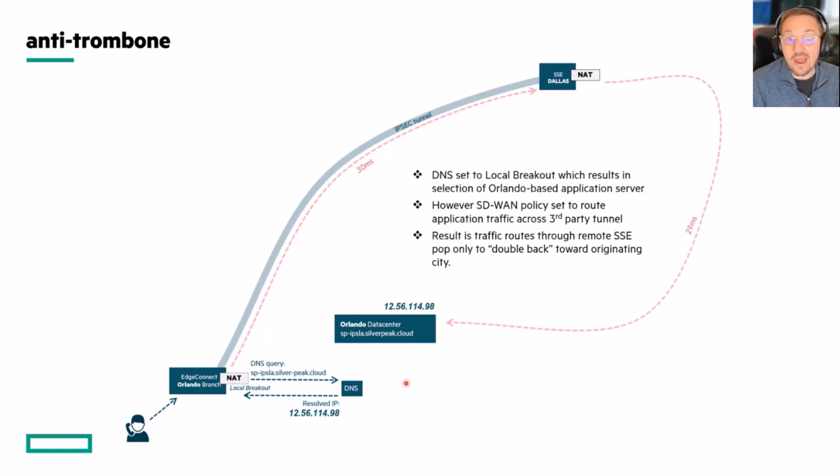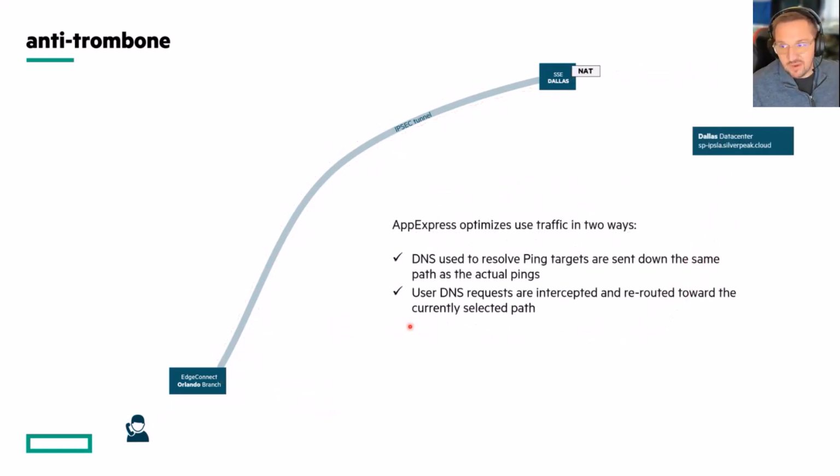I'm going to then turn around and come back to Orlando, because the DNS query was sourced from Orlando, but the socket itself, the actual flow, went all the way to Dallas, only to turn all the way around, come back to Orlando, go back to the Dallas NAT point for the SSE provider, and then back across the tunnel. This is horribly inefficient.